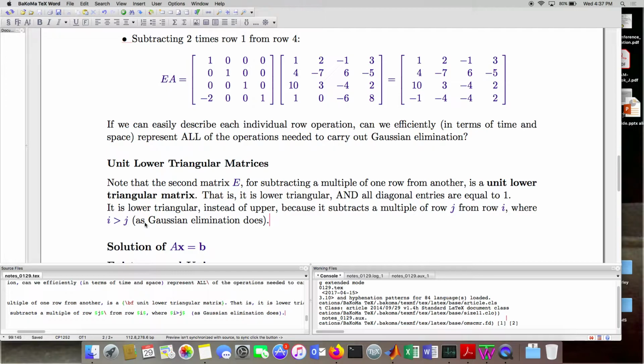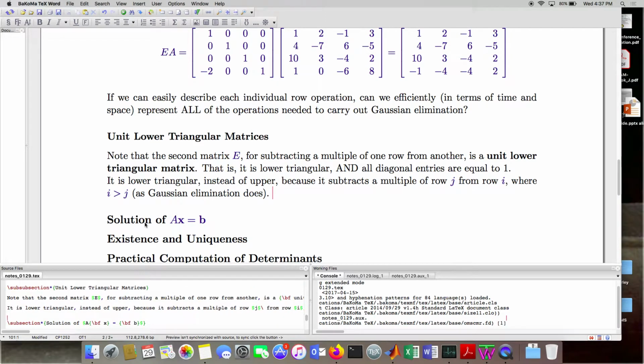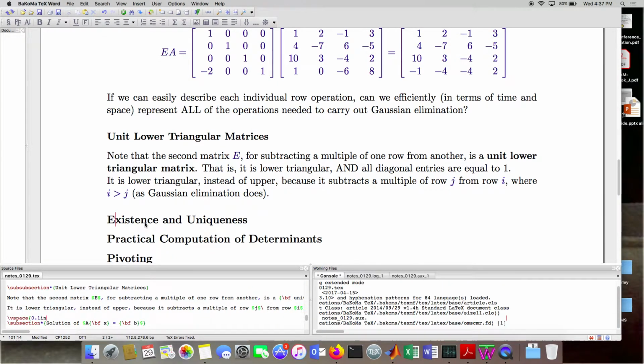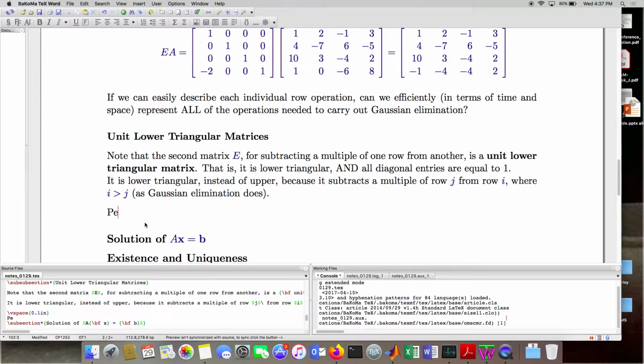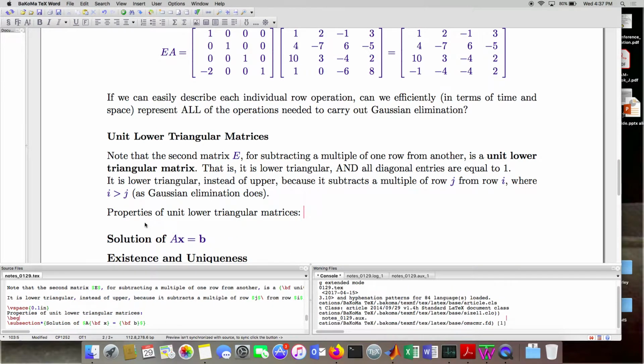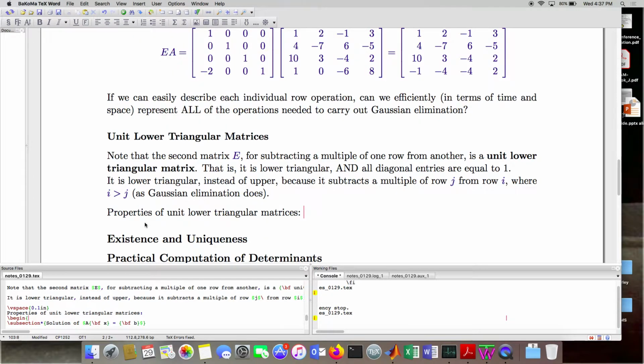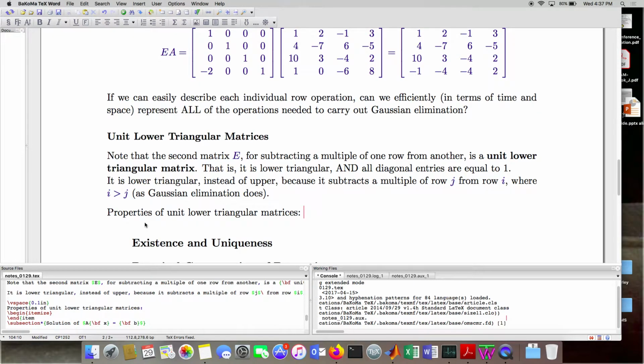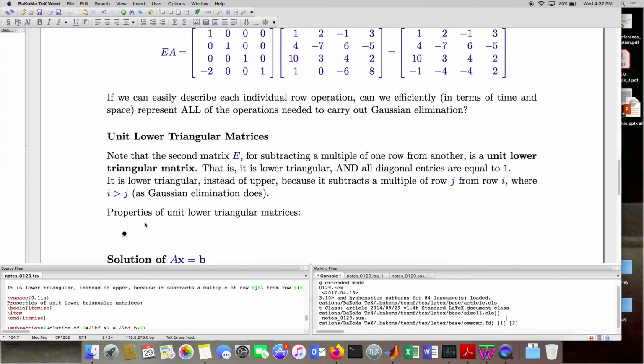Okay. Now, I'm going to point out properties of unit lower triangular matrices. That'll be very helpful to us. All right, so first, the product of two unit lower triangular matrices is unit lower triangular.